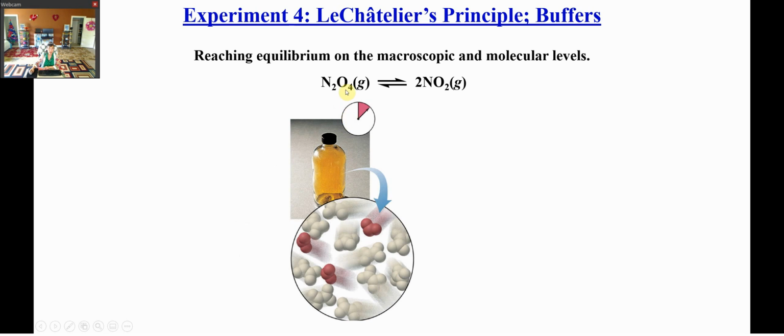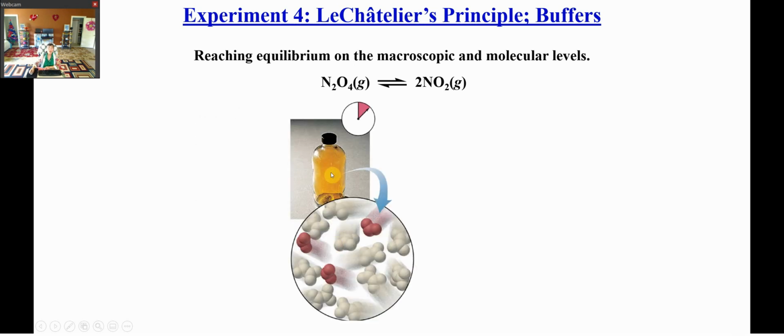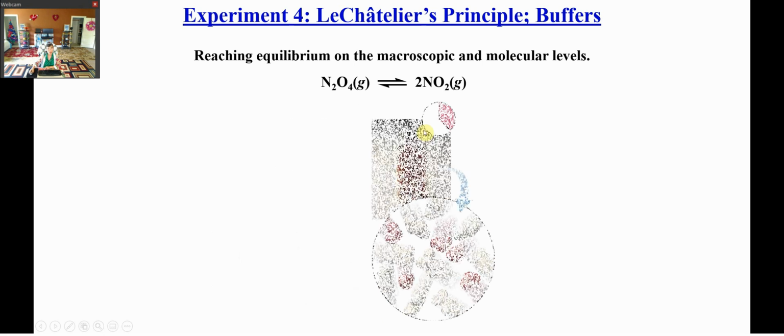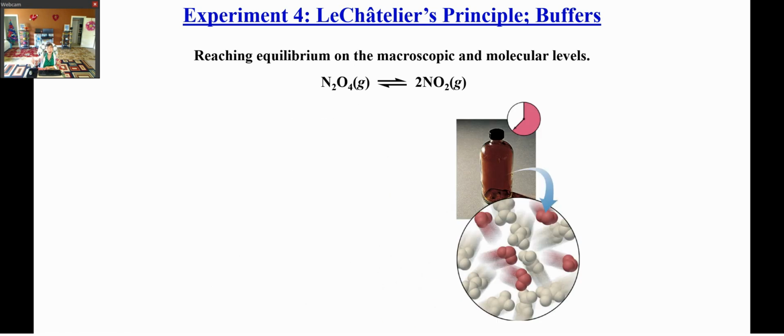Whenever you see the color change, this dinitrogen tetraoxide is slightly brown. Whenever you produce nitrogen dioxide, the color becomes a little darker brown. With time going by, the color keeps changing. At a certain time, you no longer observe the color change.